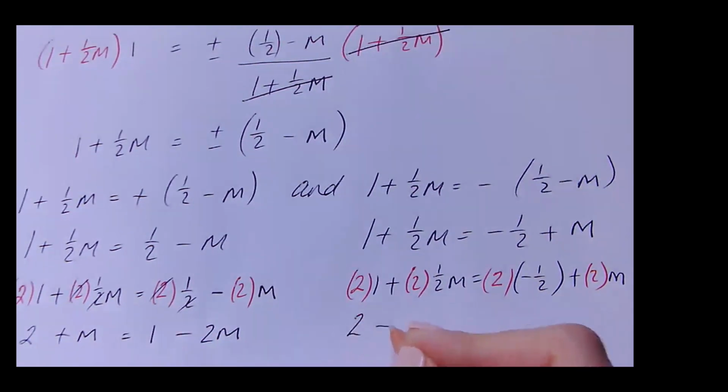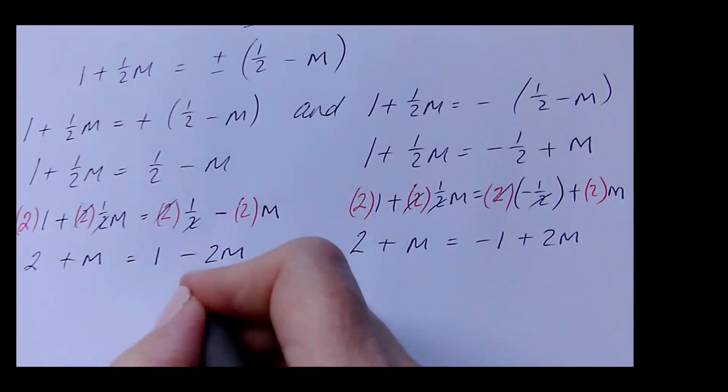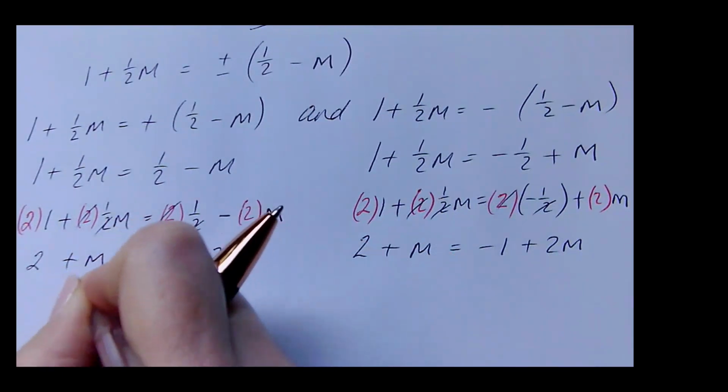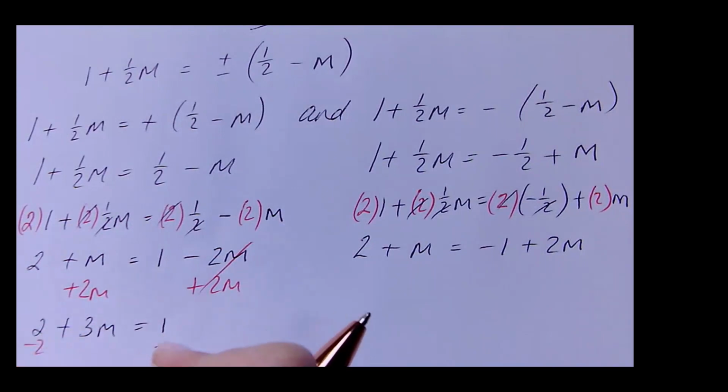And here I'm left with 2 plus m is equal to minus 1 plus 2m. Now, getting the m's on one side, I'm going to add 2m to both sides here to get rid of the minus 2m on that side. And I'm left with 2 plus 3m is equal to 1. Subtract 2 from both sides.